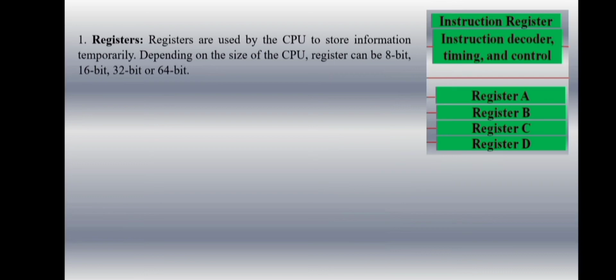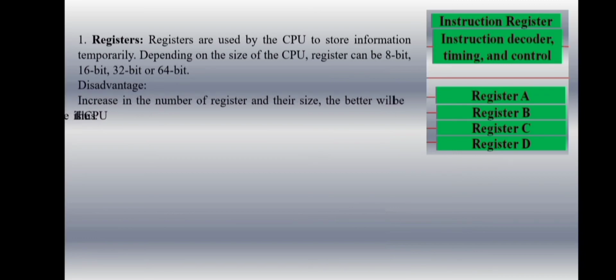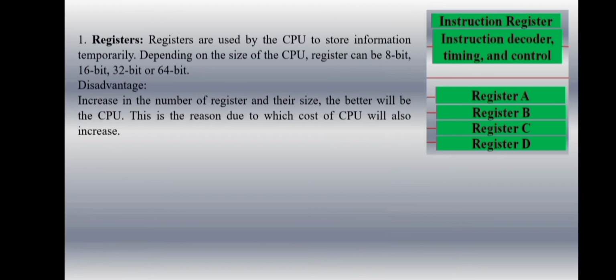Depending on the size of the CPU, a register can be 8-bit, 16-bit, 32-bit, or 64-bit. With an increase in the number of registers and their size, the CPU will be better. This is the reason the cost of the CPU will also increase. This is the only drawback or disadvantage.